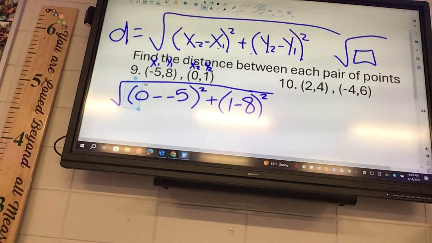And then you're gonna start typing all that stuff in. It's kind of like a house. Make sure you say 0 minus and then a -5.